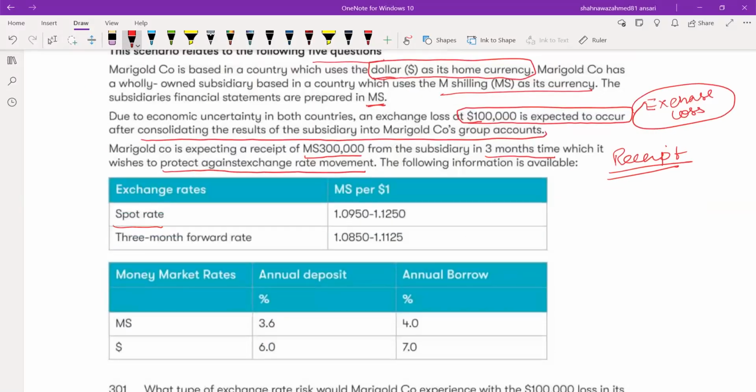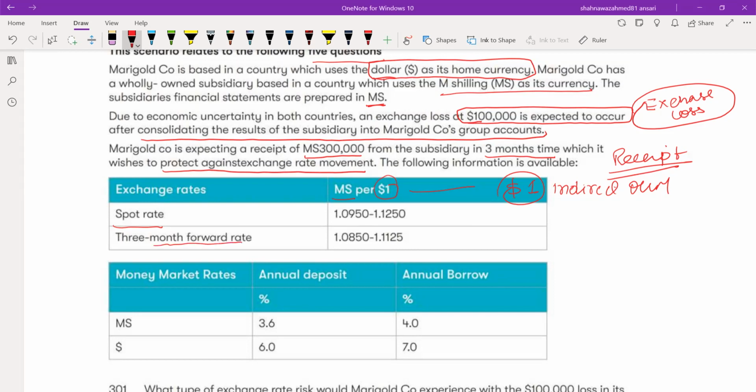The current rate is given as MS per $1. So the base currency is $1, so it's an indirect quote. And as we know, in an indirect quote, banks sell low and buy high. So a 3-month forward rate is given.